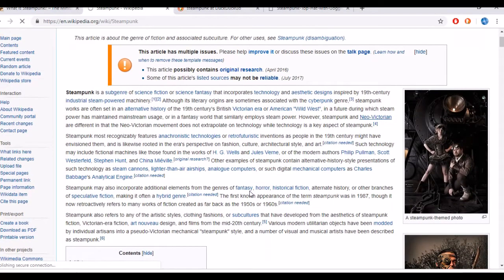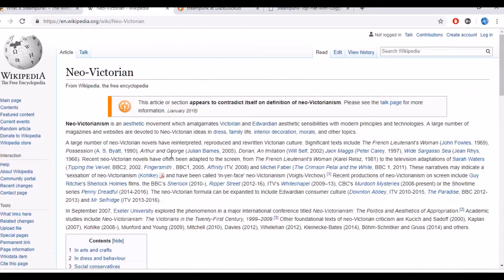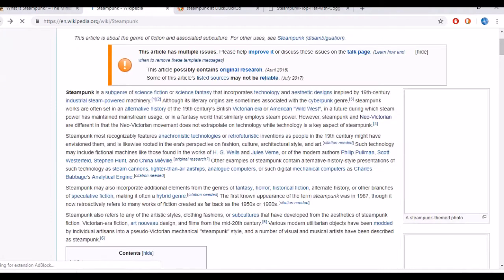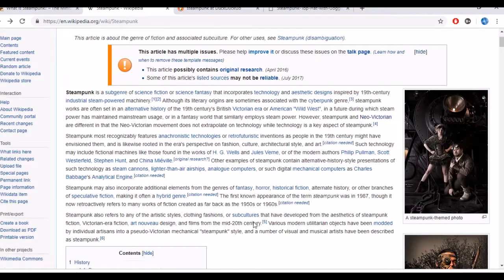So it most recognisably features anachronistic technologies, retro-futuristic inventions, and fictional machines like those found... Oh, here it is. Neo-Victorian... I'll have a look at that some other time. Sorry about that. It's my laptop being its usual sluggish self.